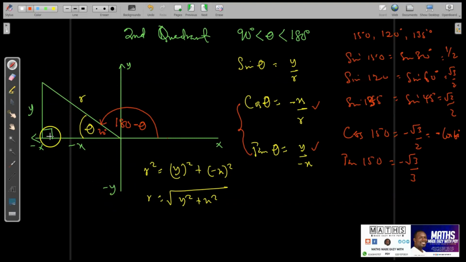So if you've drawn your right angle triangle linked with the x-axis, any line perpendicular to it above the axis is going to be a positive y. If we come below it, that's when it's going to be negative of y. Are you okay now?